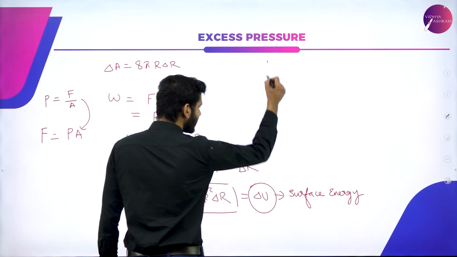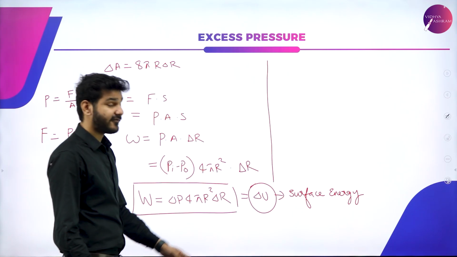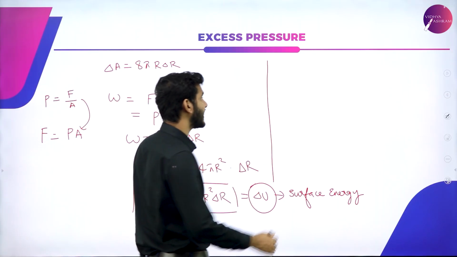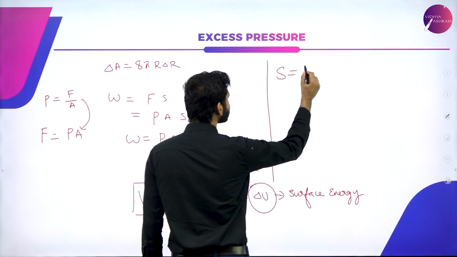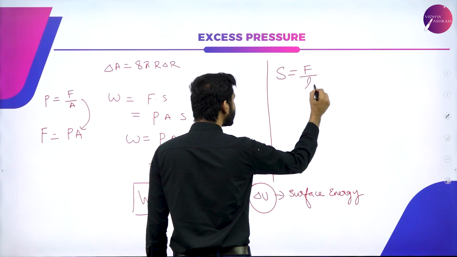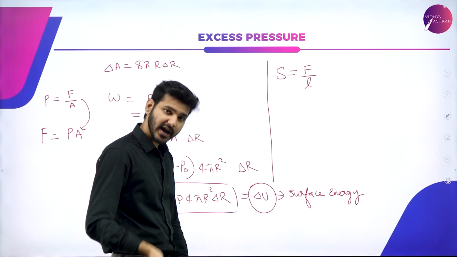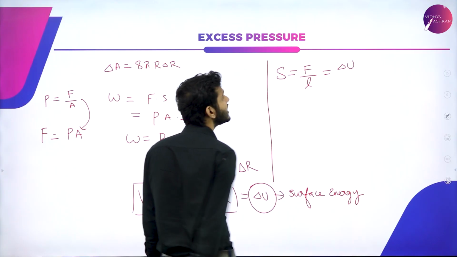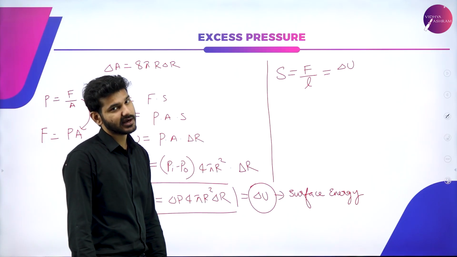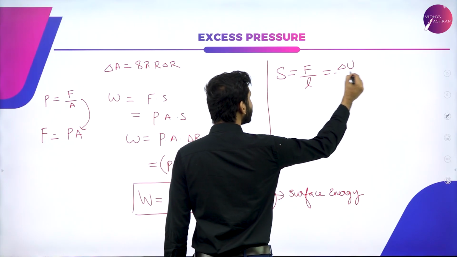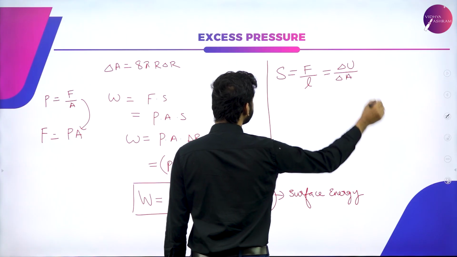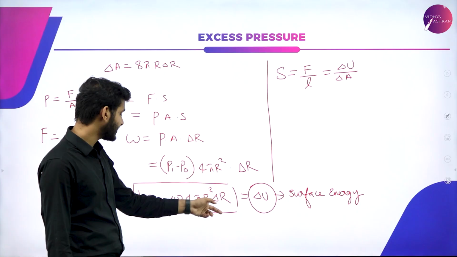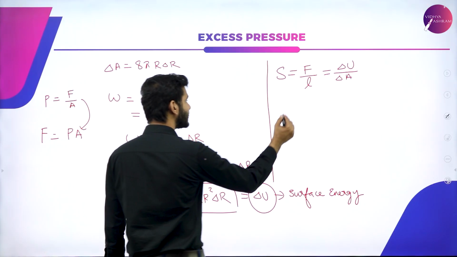So one more meaning is that if I can define surface energy like this, then I can also say that surface tension, which is defined as force per unit length, can also be defined as surface energy per unit area, ΔU by ΔA. You know what ΔU is, so substitute that.